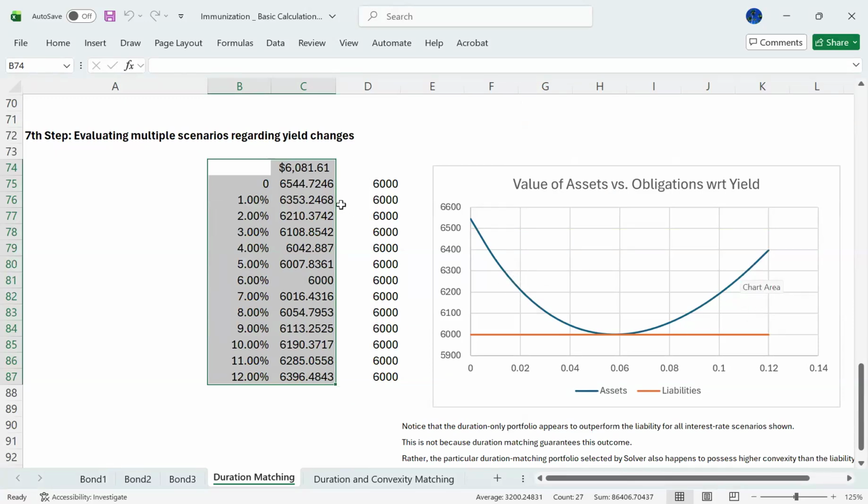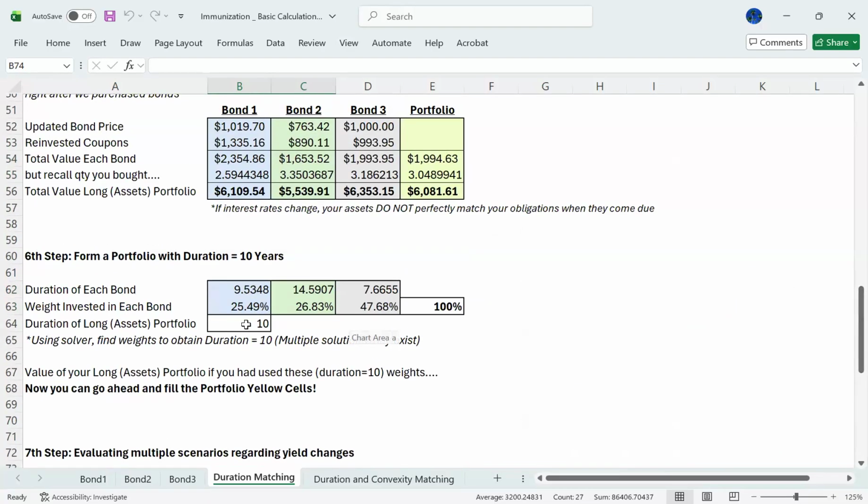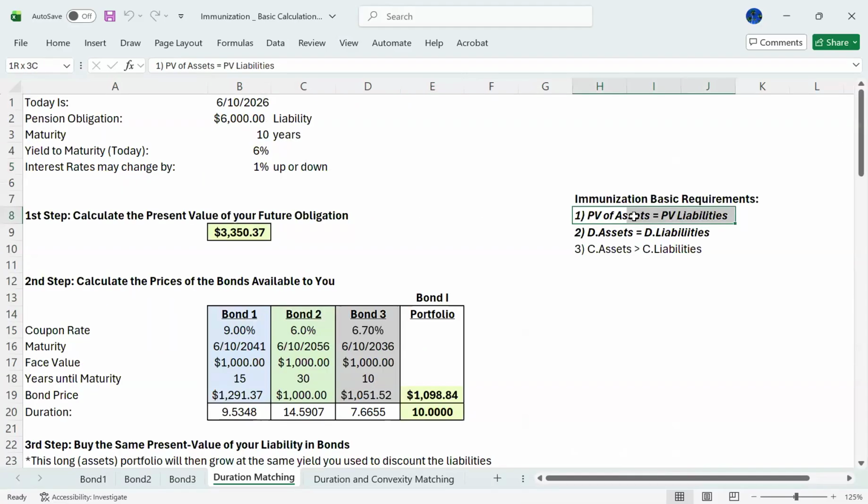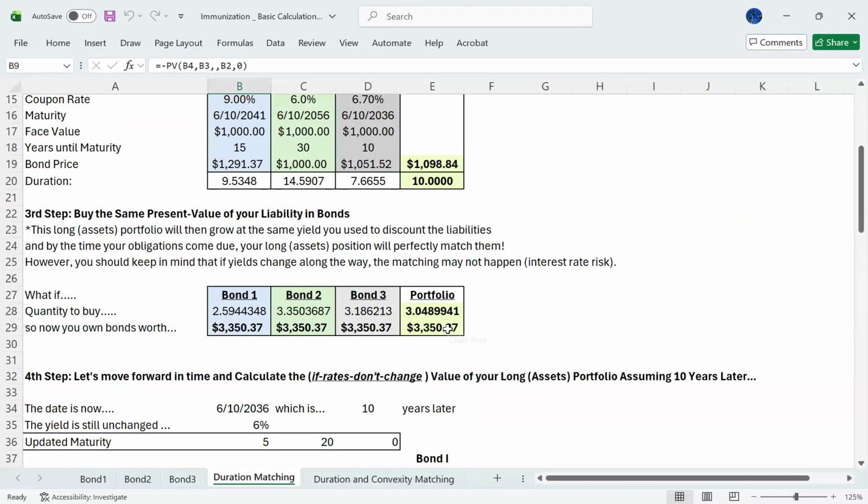Now, what is the interesting part about this? So once we reach duration equals 10, and I invest in that portfolio, and the present value of the assets matches the present value of my liabilities, so I invest 3,350.37 in that portfolio and the duration is 10.